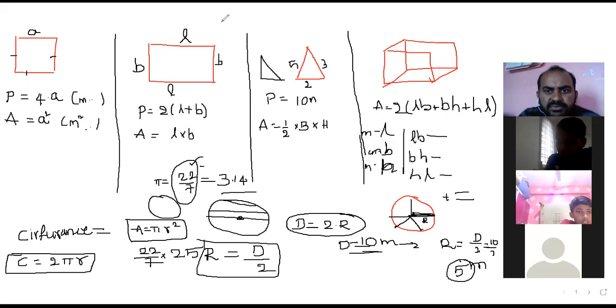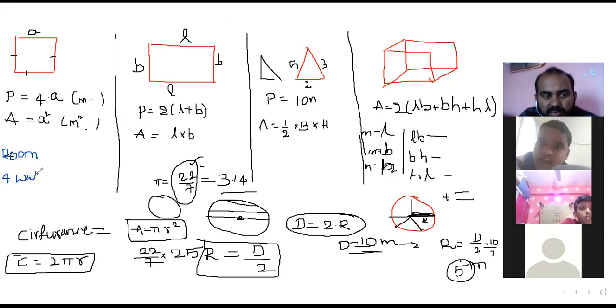And the last formula is, they will ask about a room with 4 walls. Either room, they will use that word, room, or 4 walls room. Circumference formula is 2 into pi into r square, sir? 2 pi r only. Yes, sir. 2 pi r only.